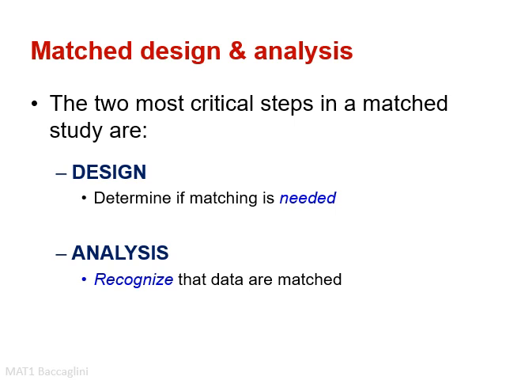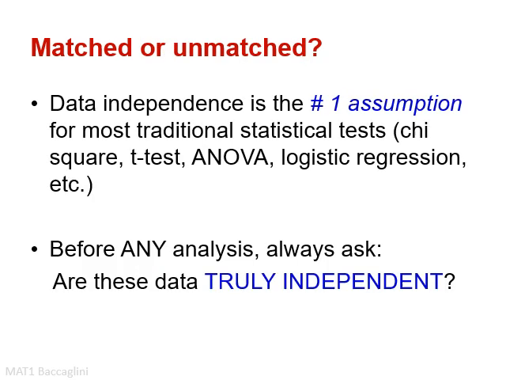Secondly, during the analysis, you need to recognize the data are matched. Matching may happen just naturally, or it may be happening because you did it. In any case, anytime you receive a data set, always ask about the design. It is critical to recognize any data independence or dependence.